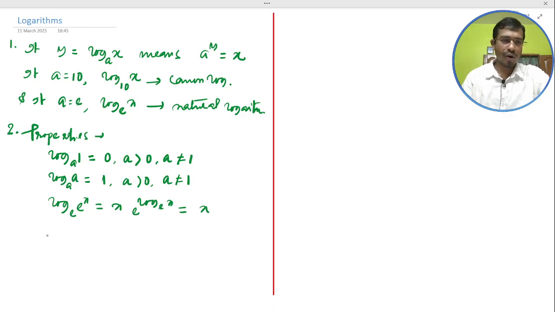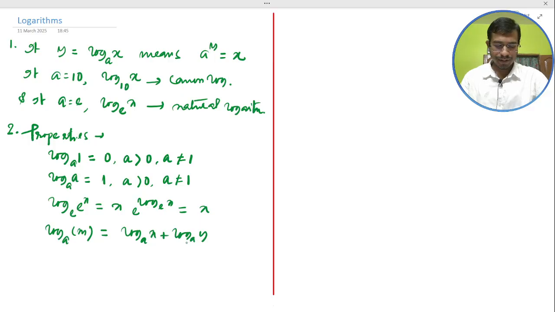Next, log xy is obviously log x plus log y. Next, log base a of 1 by x is equal to minus log x.